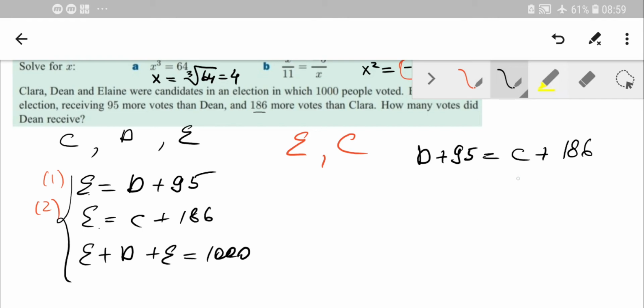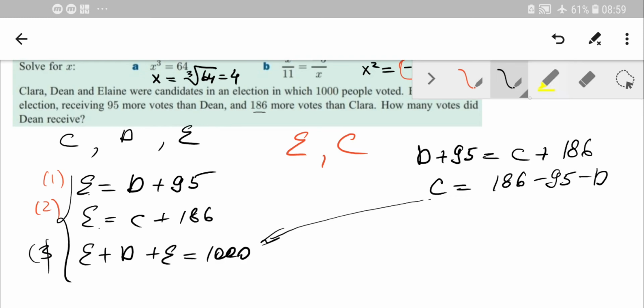So express C from here. C is simply 186 minus 90 minus D. From where we can put it into the third equation, because that's the last one left unused. Elaine is simply D plus 90, that's the first one.